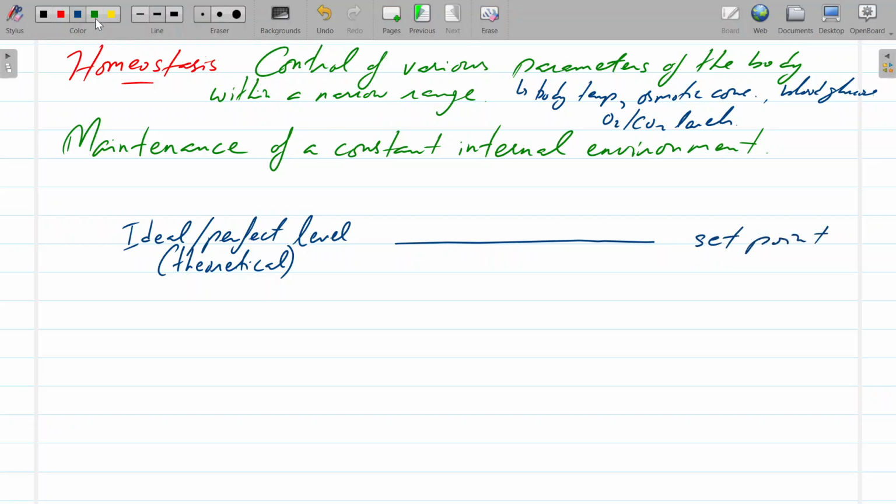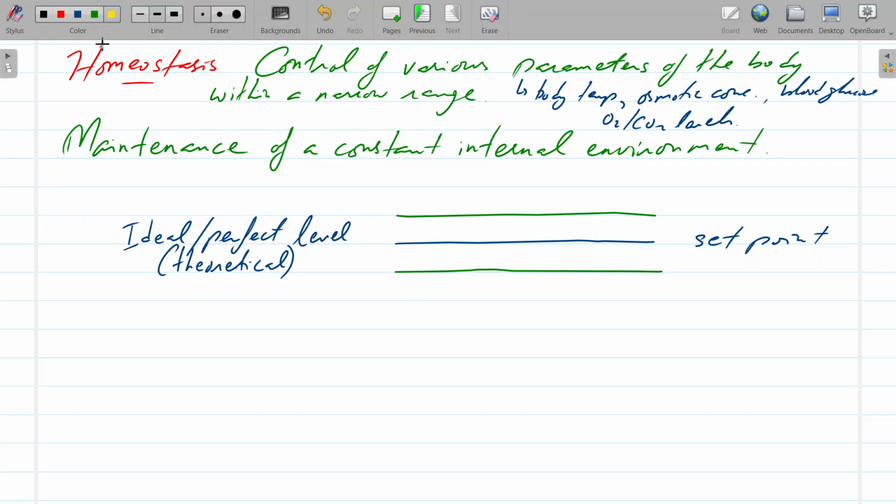Now what happens in reality is that I mentioned there is a narrow range, right? So there's an upper limit and a lower limit between which these parameters can vary. Now, what that limit is depends on what we're talking about, right? Body temperature or osmotic concentration or whatever.